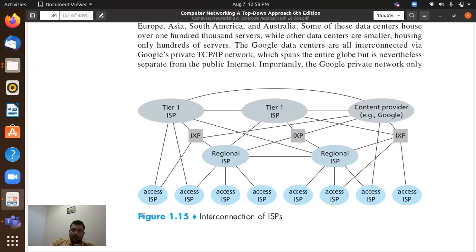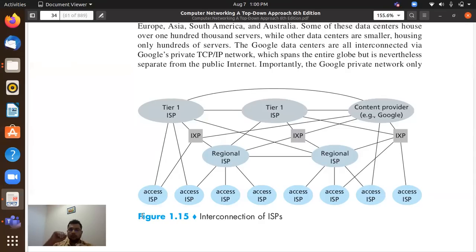But the problem will start when you have to connect to some other institute which has subscribed to some other access service provider. So there comes another requirement, where all these access service providers should somehow be interconnected.